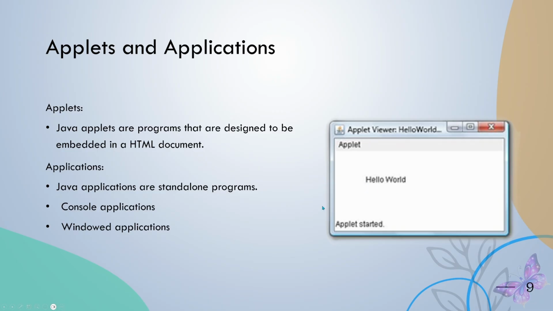For applications, Java applications are standalone programs. There are two types, console applications and windowed applications. Console applications are mostly text-based command line interfaces, and a windowed application in Java is a standalone program that features a graphical user interface, meaning it creates and manages one or more visual windows that the user interacts with using input devices like a mouse or keyboard.